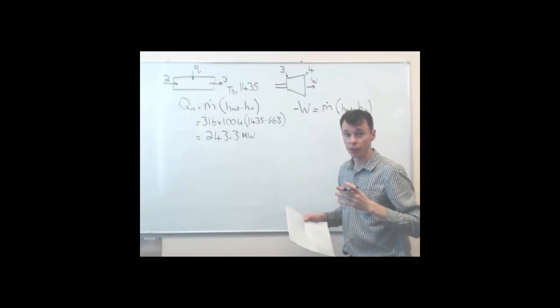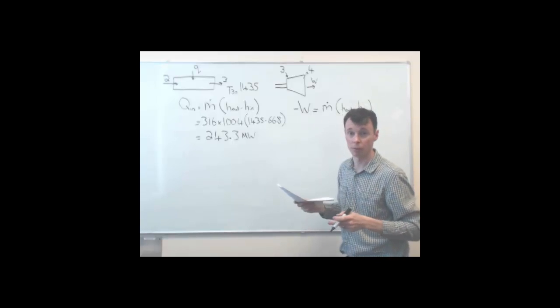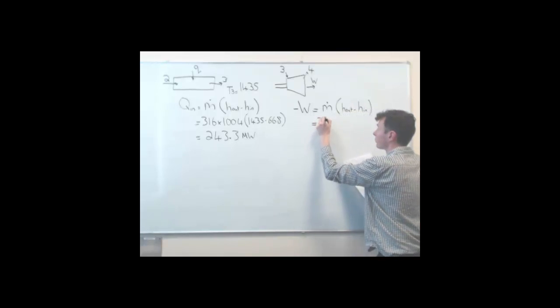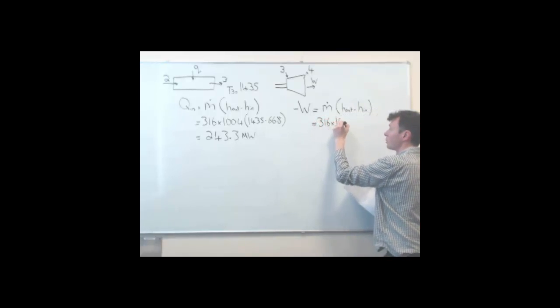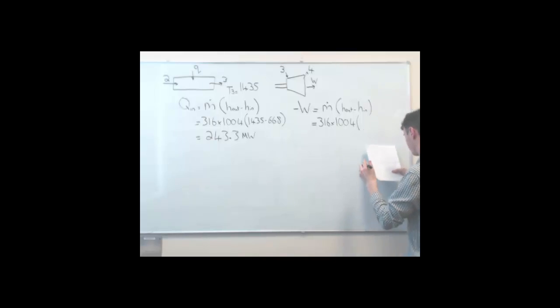So exactly the same again, it's just the change in enthalpy, so the change in the differential temperatures. Cp is a constant. So 316 times 1004. And this time, again in Kelvin, 795 minus T3.